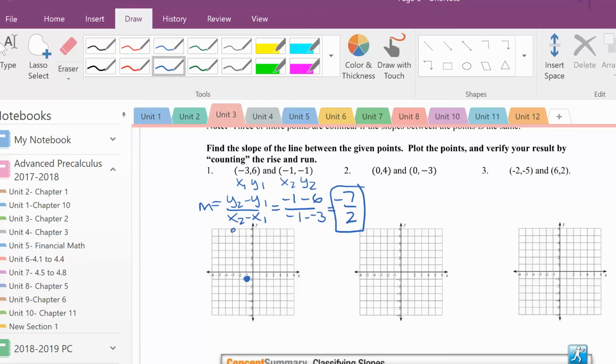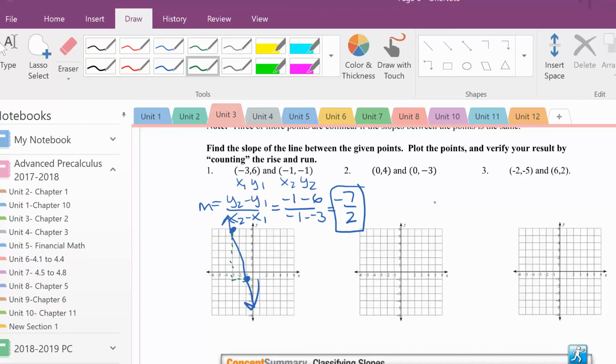I did negative 3, negative 6. So there's the line. Notice you're going down 7 and to the right 2. And that matches negative 7 halves, because negative 7 means you go down 7 and then to the right 2.